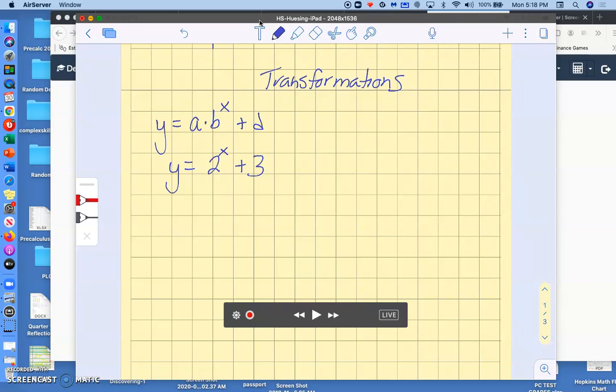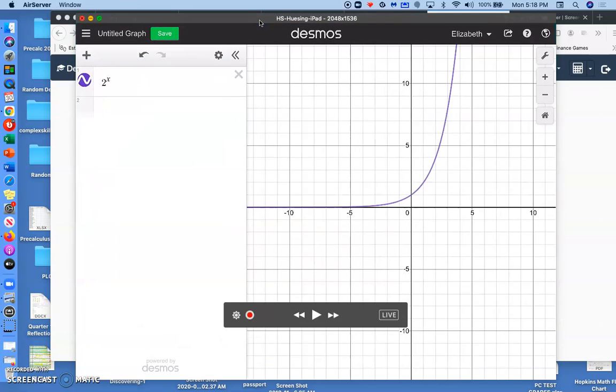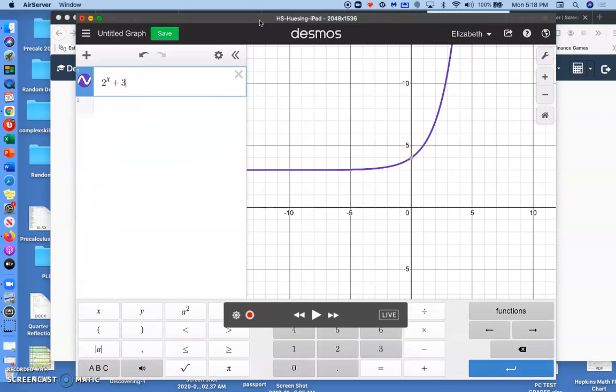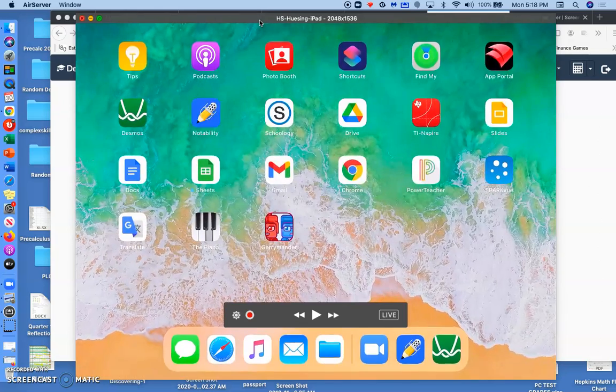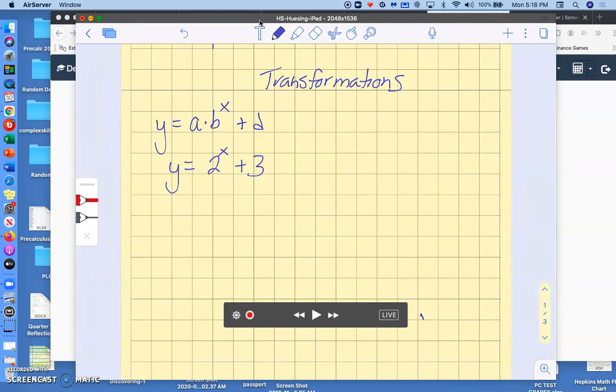What do you think that plus 3 does? Well, if you're not sure, let's go to Desmos and say, okay, plus 3. What did that do? Well, it shifted it up and down. So this shifts our asymptote up or down, because it'll be down if it's minus.